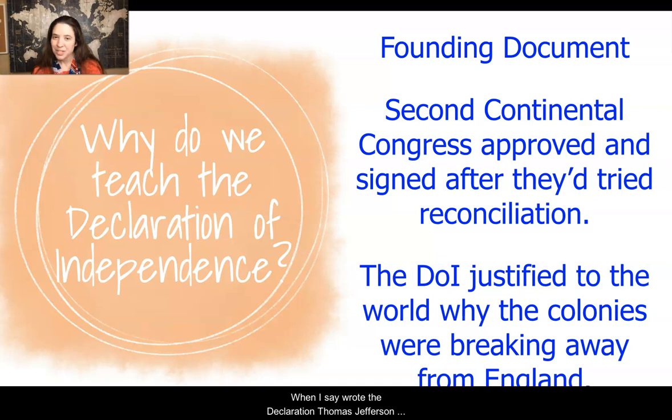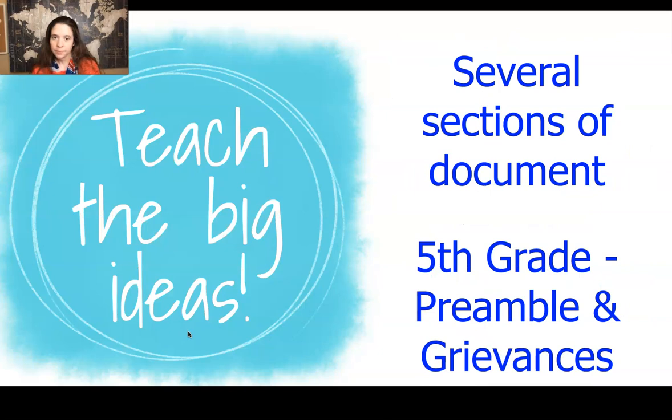When I say wrote the Declaration, Thomas Jefferson was the main writer, but there were several men who were involved in the editing and wording process. So this declaration had to be precise because this was the justification to the world as to why the colonies had the right to leave England and break ties with the mother country.